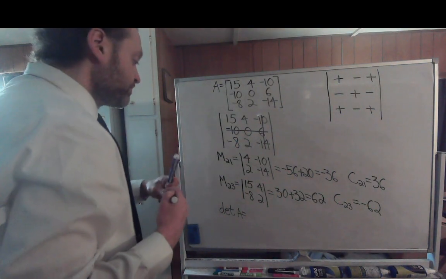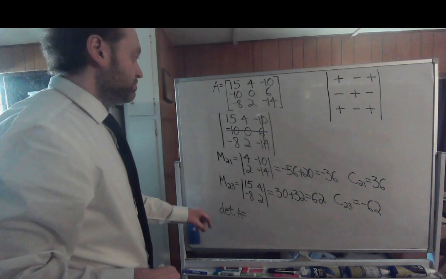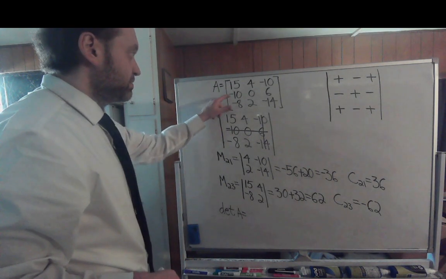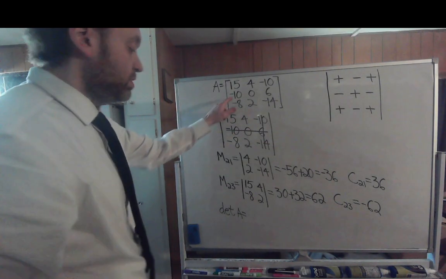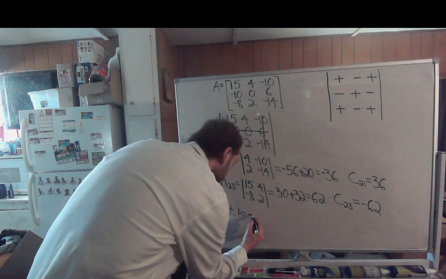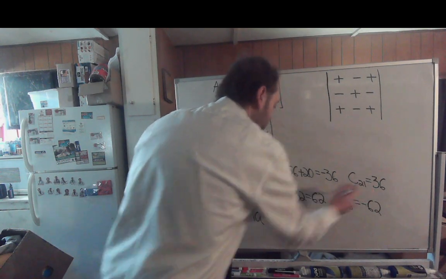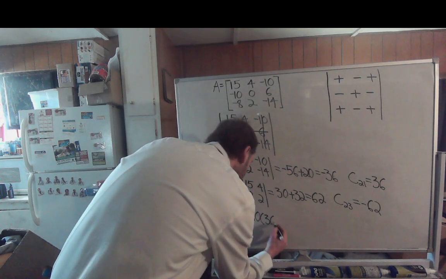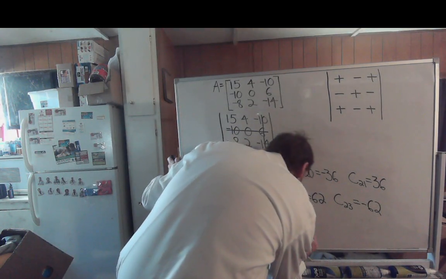So the coefficient of negative 10, since we dealt with cofactor 2, 1, will be negative 10 times my cofactor of 36, plus, now I'll take my coefficient of 6 times my cofactor of negative 62.